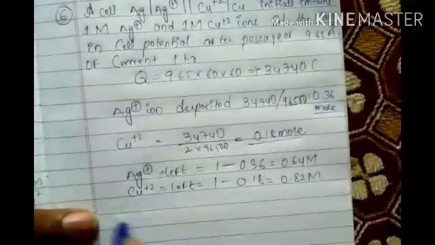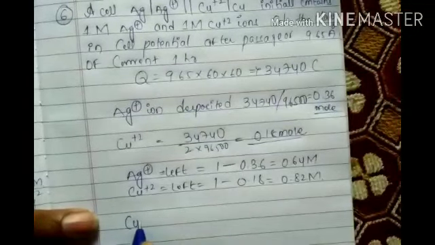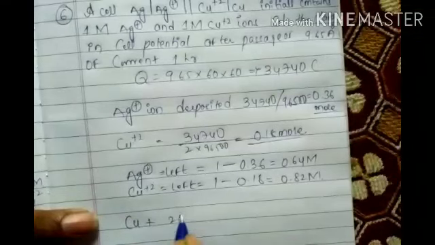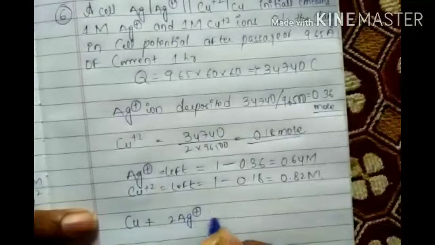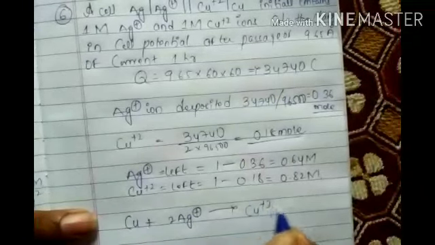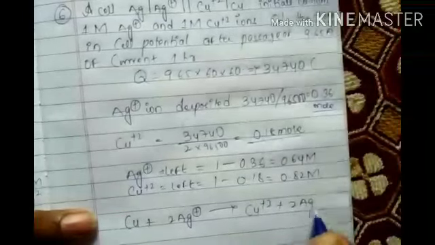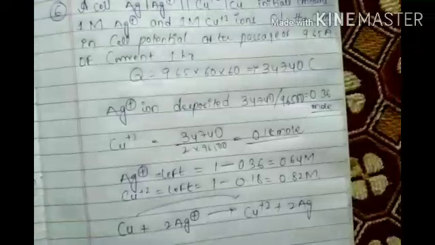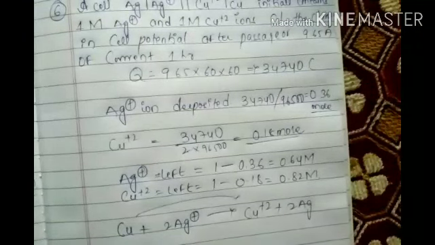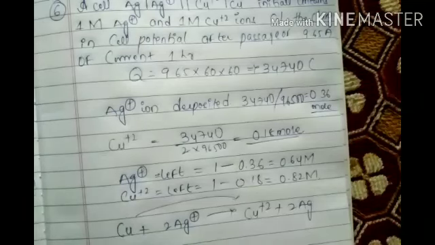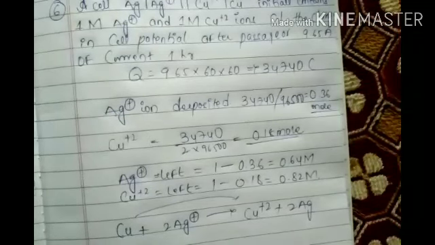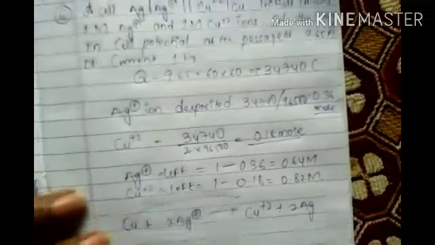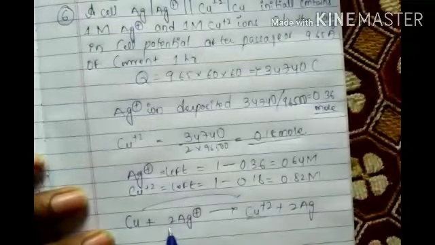Now the cell reaction is Cu plus 2 Ag plus gives rise to Cu plus 2 plus 2 Ag. So from Cu to Cu plus 2, it is losing, and losing means oxidation. And one more thing, this is a product, this is a reactant.